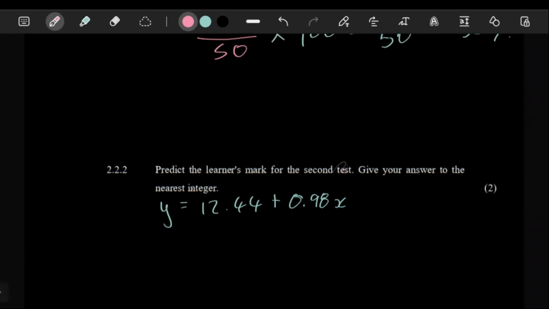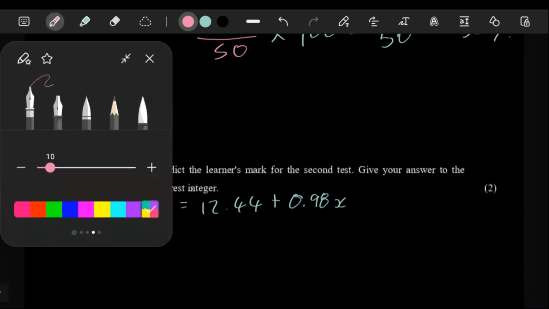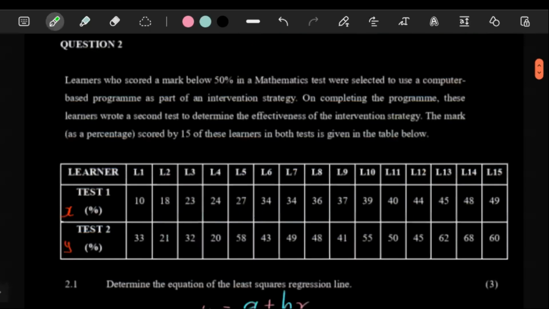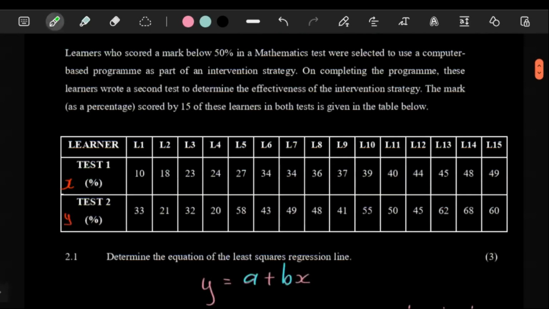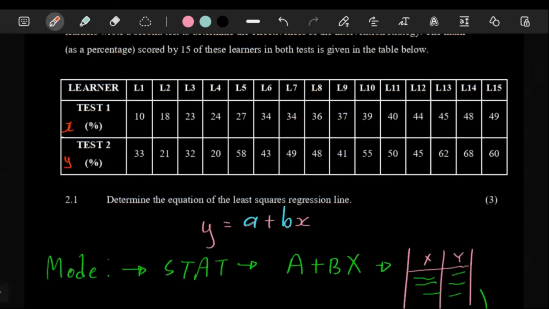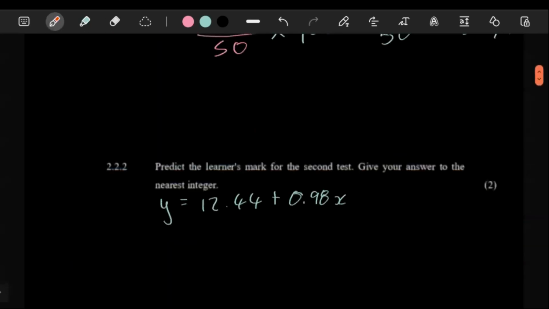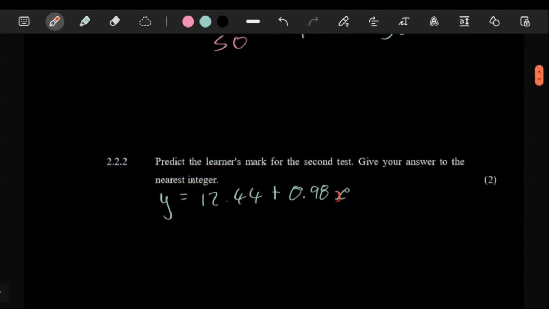So remember, we say test number 1 is being represented by x. So in this case, if this person got 15 for test number 1, means that wherever x is, we're going to drop 15 over there.